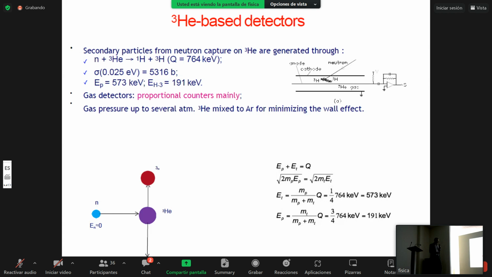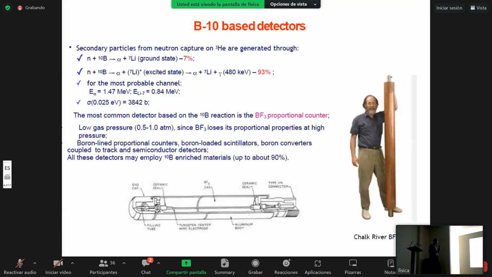The amplitude of this signal corresponds to the energy of these nuclear recoils. The second type is based on boron-10, which also effectively absorbs neutrons.